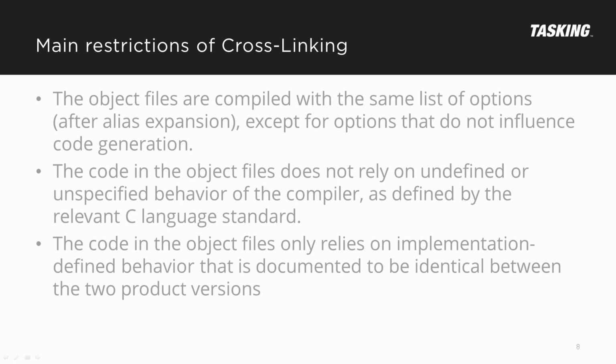So if you're using O2, for example, because the safety lab uses O2, you also have to use O2 for your other releases. But this doesn't apply to the whole set of options, because if they don't affect code generation, you can freely vary them.